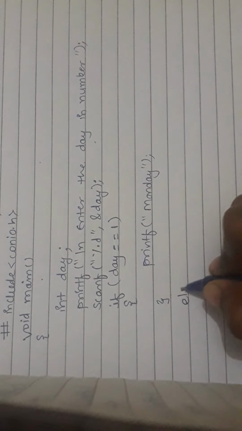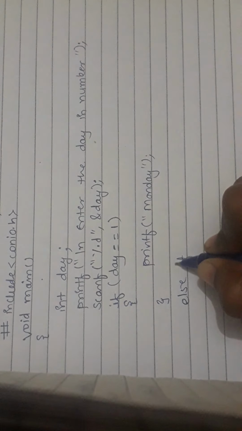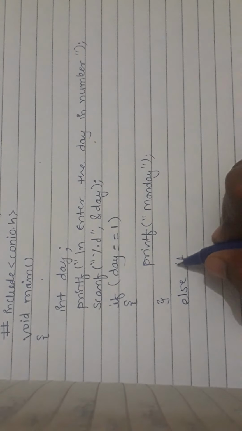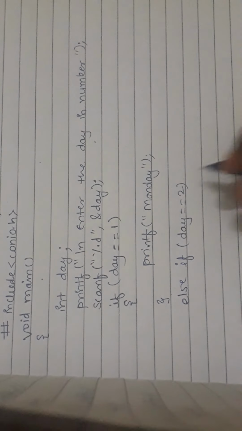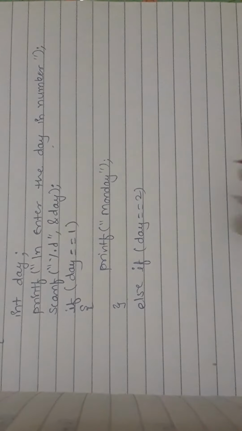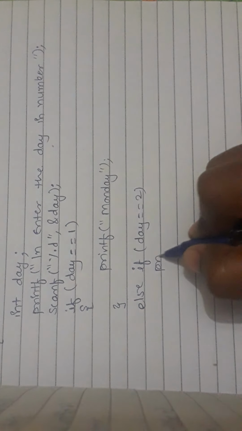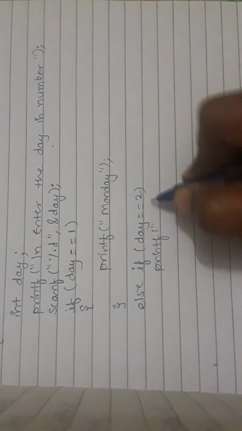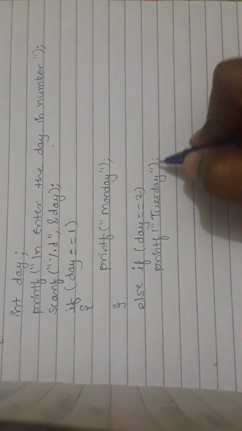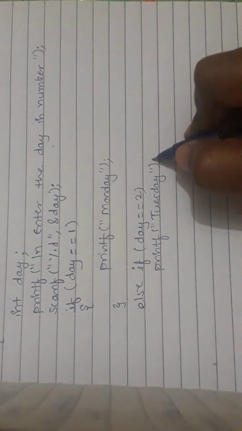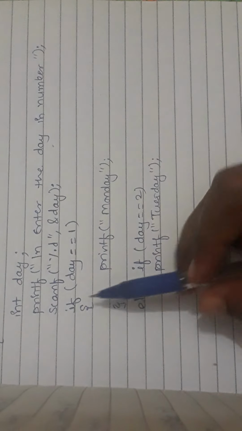Now in the second case we will not use them. For example, else if the value of day is equal to 2, then in that case it will print Tuesday, like this. So here we have not used these curly brackets.